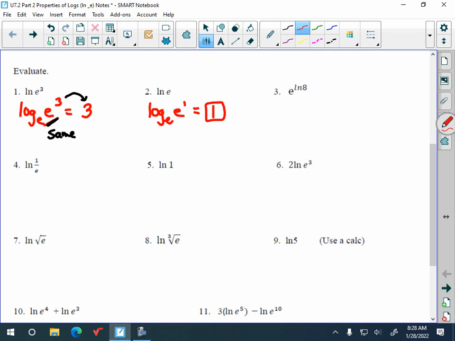All right, number 3, e to the ln 8. What would that simplify to? Perfect. So again, the log is up in the exponent. So ln is the same as log base e, and since these are the same, the answer has to be 8.